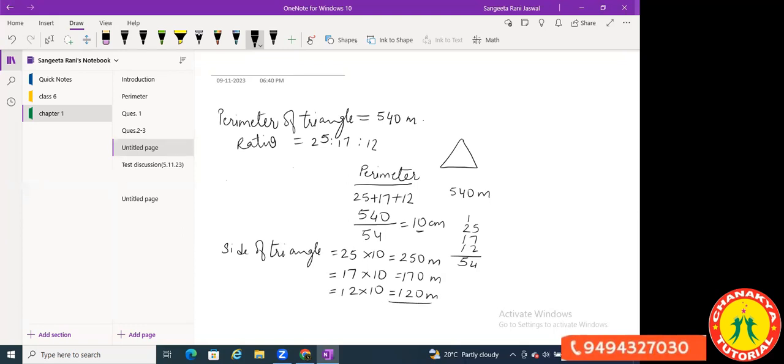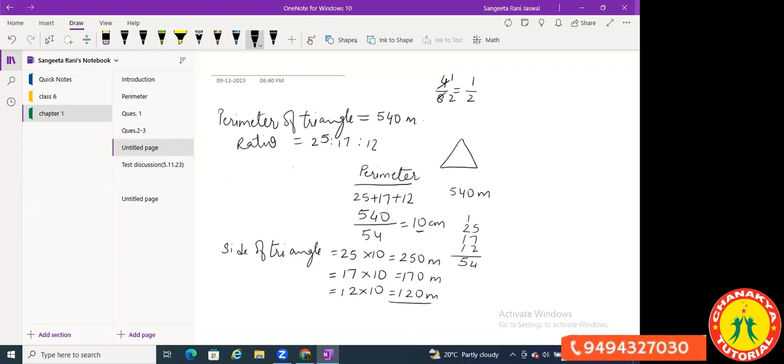These were the ratios. Ratio is something like, suppose I have 4 divided by 8 and I have 1 by 2. Is 4 by 8 equal to 1 by 2? Yes, ma'am. Because 4 ones are 4, 4 twos are 8. So these are ratios.